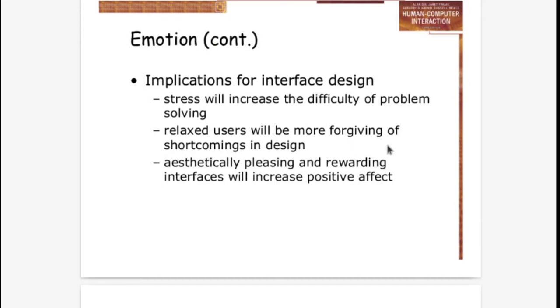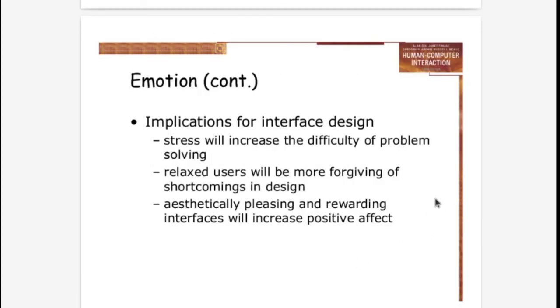So, implications for interface design: when we design any interface, stress will increase the difficulty of problem solving.